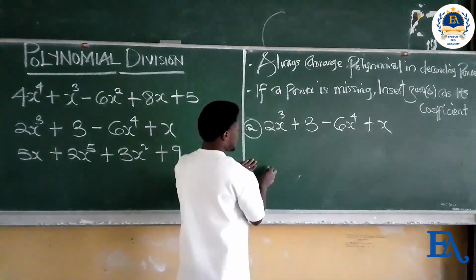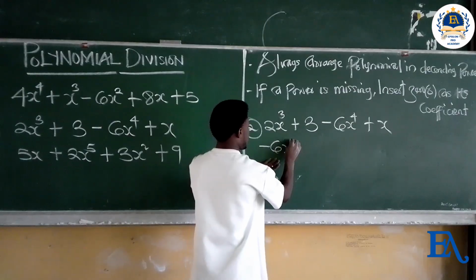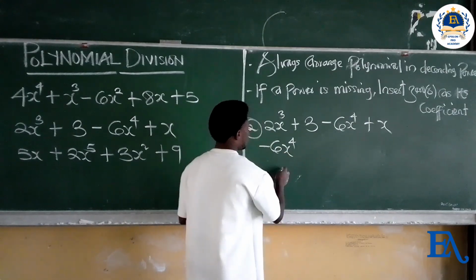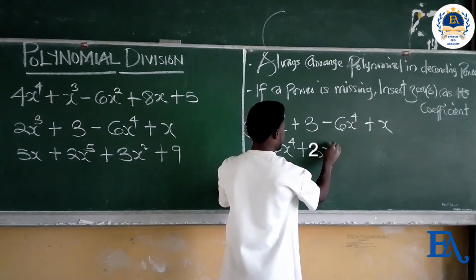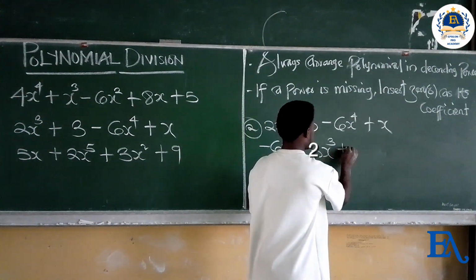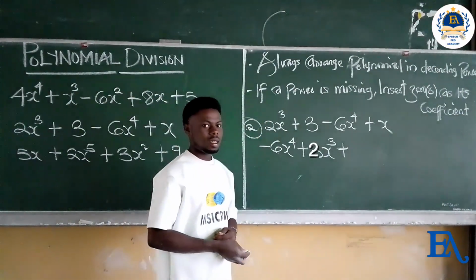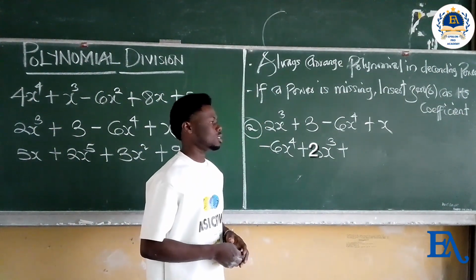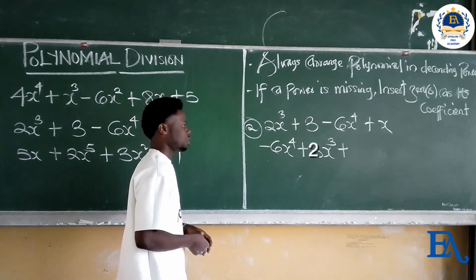The maximum power is 4, so that is -6x^4. Then after 4 is 3, plus 2x^3. After 3 is 2. Now rule number 2 is that if a power is missing, insert 0 as its coefficient.